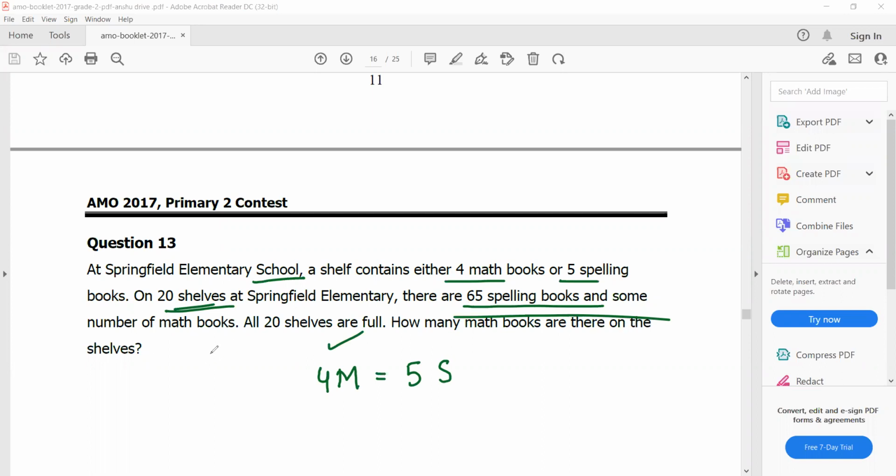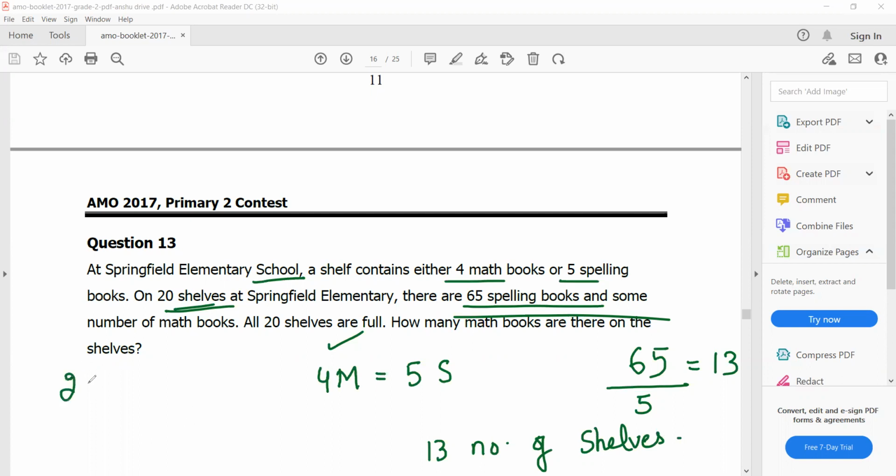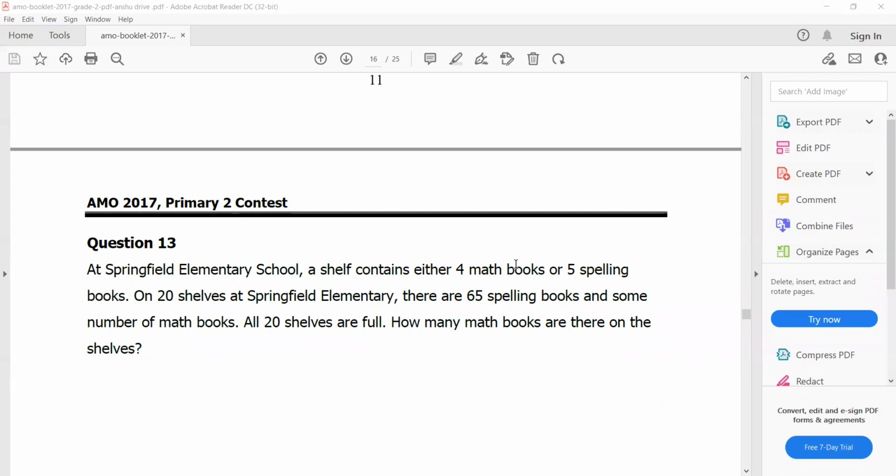You don't know how many math books, but you can ascertain that 65 divided by 5 is 13 shelves that will be used for keeping the whole of the spelling books. So how many shelves remain? 20 minus 13, 7. And all those shelves will have math books, always in multiples of 4. So 7 into 4 is 28. So 28 books will be there.